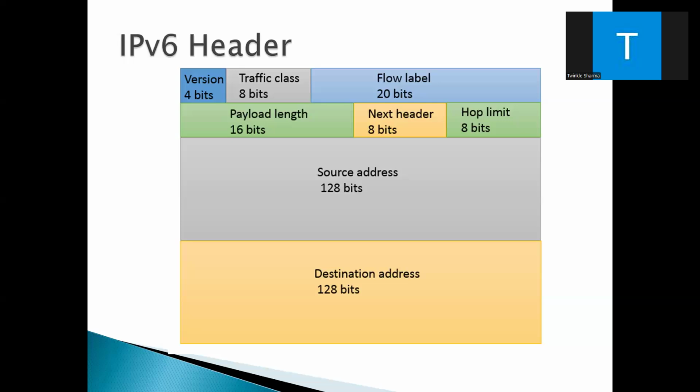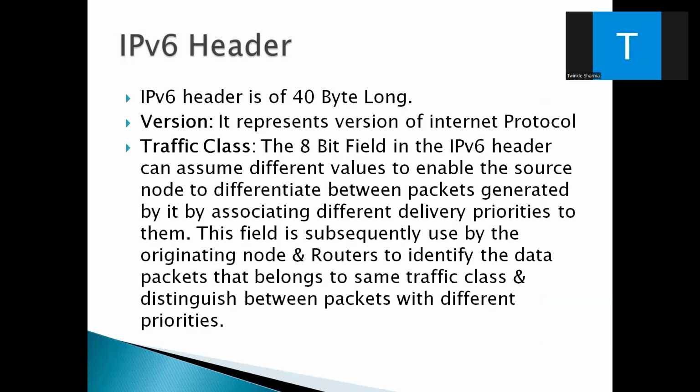Go with the first thing. What is the version in IPv6? Version represents the version of the internet protocol. Then we have the traffic class. This 8-bit field in the IPv6 header can assume different values to enable the source node to differentiate between packets generated by it by associating different delivery priorities to them.